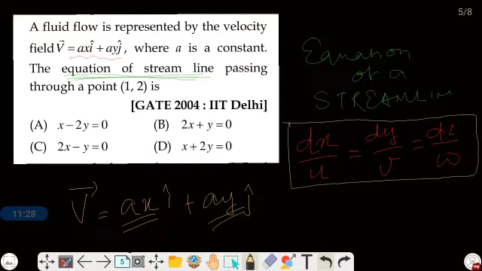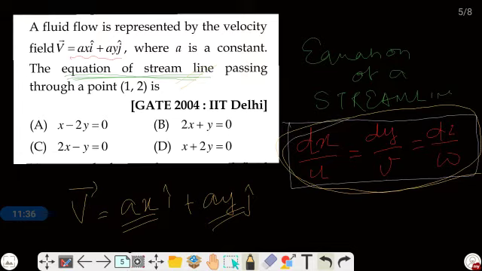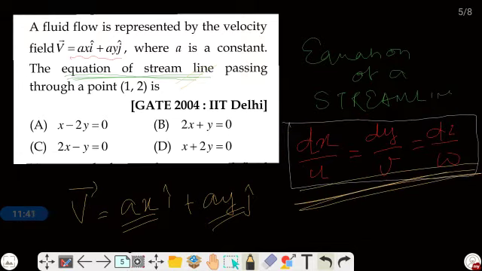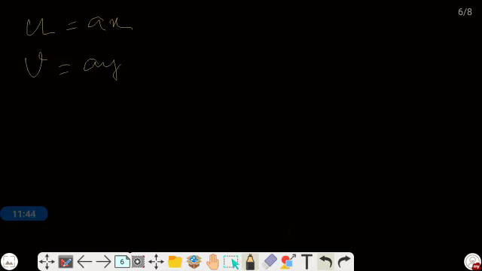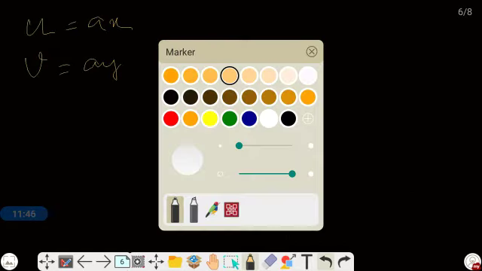So now for the streamline, we need to make this condition satisfied to find the equation of the streamline. Our condition is dx by u is equal to dy by v. I'm not writing the w term because w is not present here, it is 0.